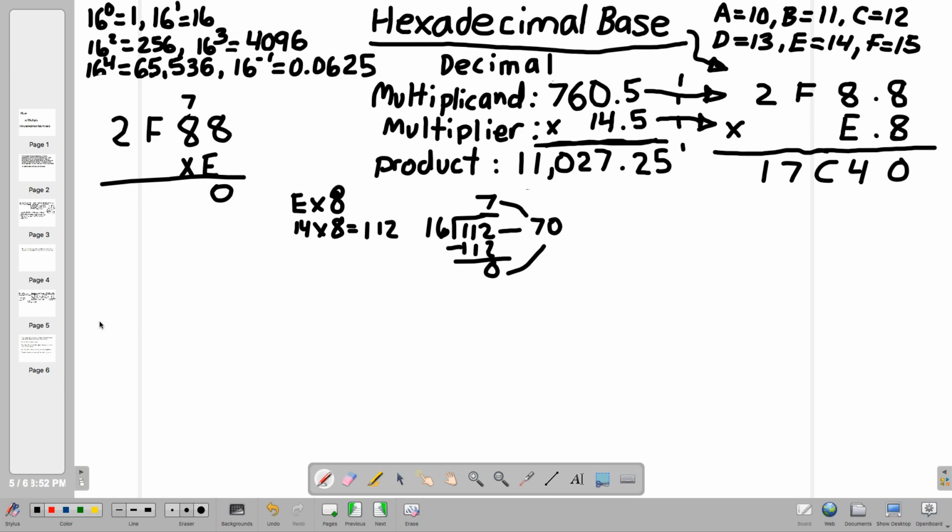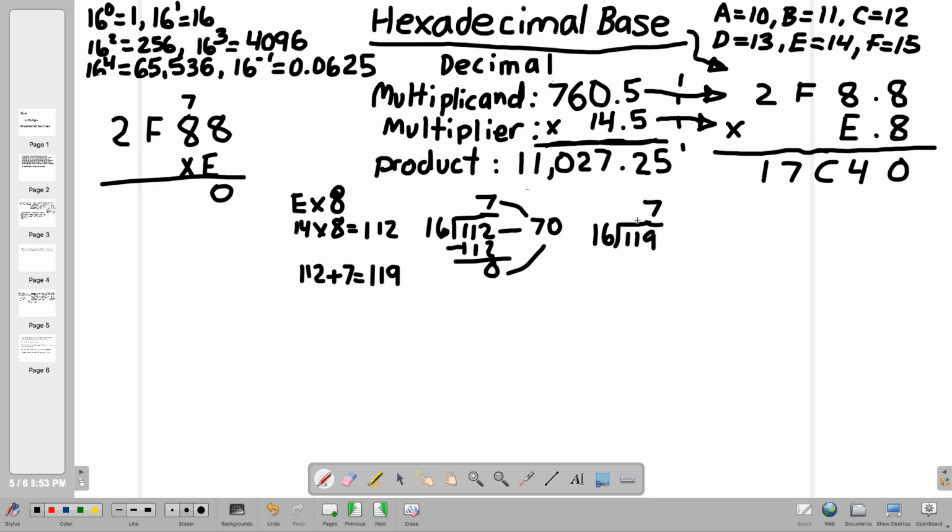So our next computation, once again, we have E times 8 is 112, but this time we have to add the 7 that we carried over, and that comes out to be the value 119. So we have to convert that to hexadecimal. So 16 goes into 119 7 times.